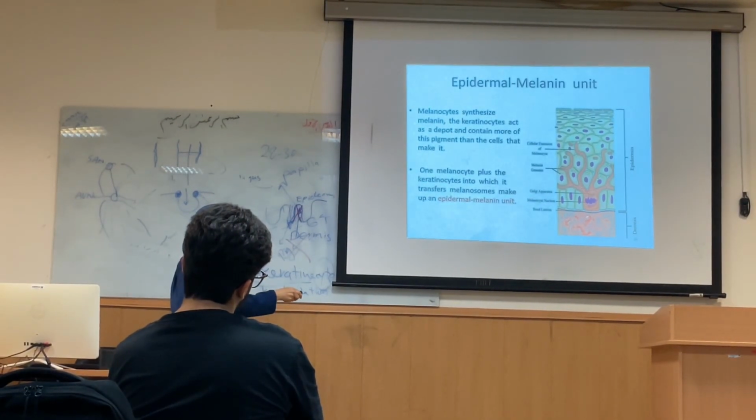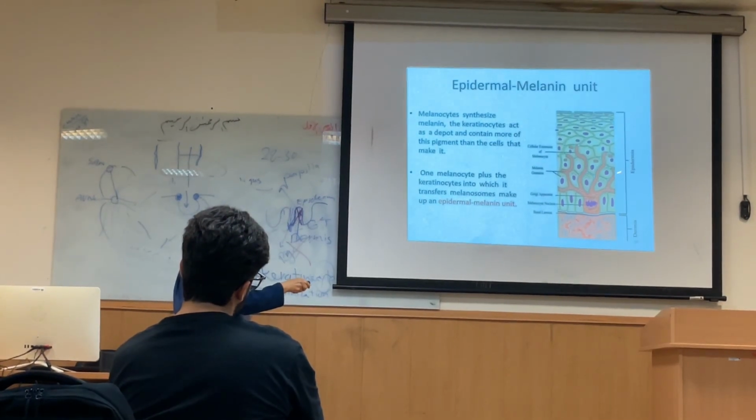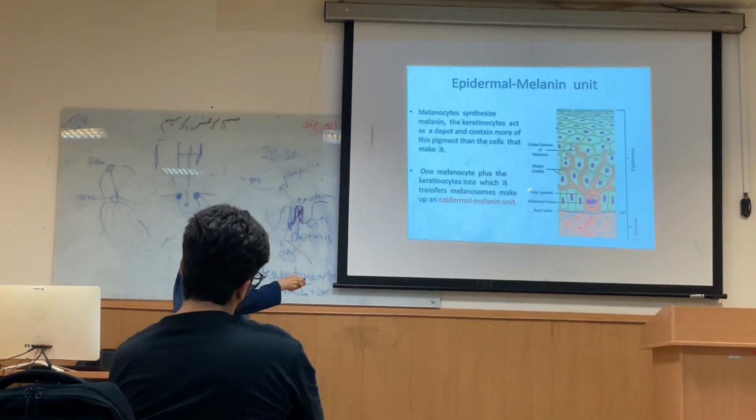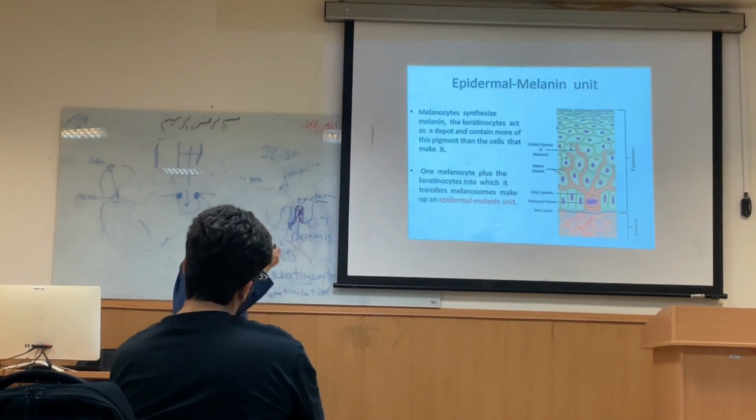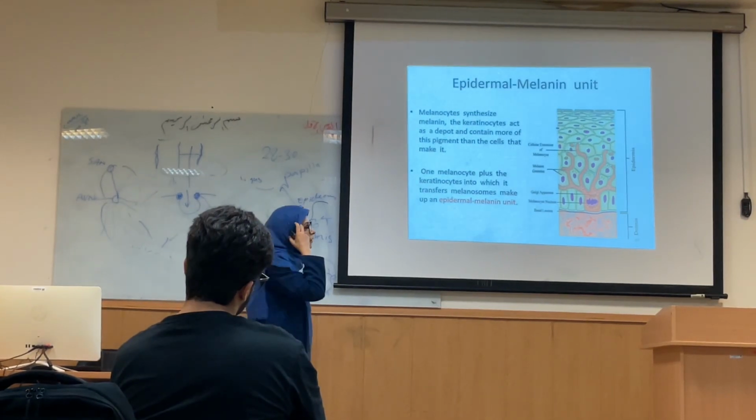One melanocyte plus the related keratinocytes that receive melanosomes from this melanocyte is named the epidermal melanin unit.